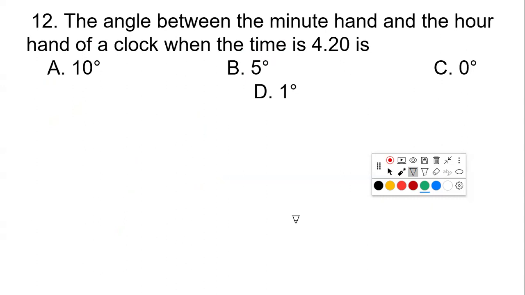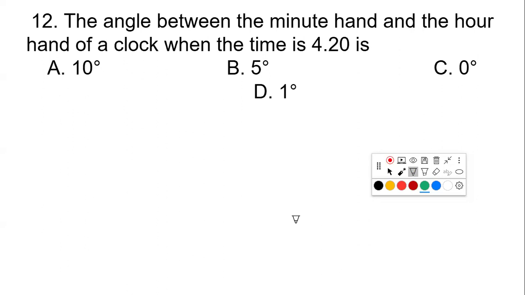Okay, quickly try to do this. What is the angle between the minute hand and the hour hand of a clock when the time is 4:20? Time is 4:20.